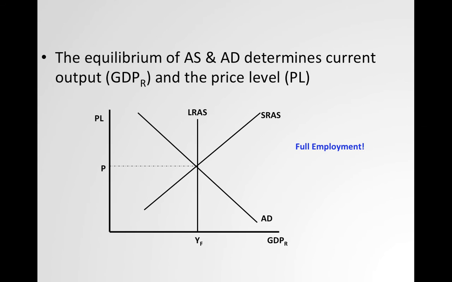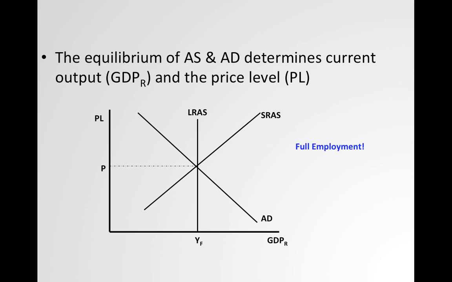If we are at the point right here where AD meets SRAS, and that overlaps with long-run aggregate supply, we are producing at our productive capacity. And most economists believe that this is where equilibrium will be in the long run. There could be short-term fluctuations, but in the long term we'll always go to that.